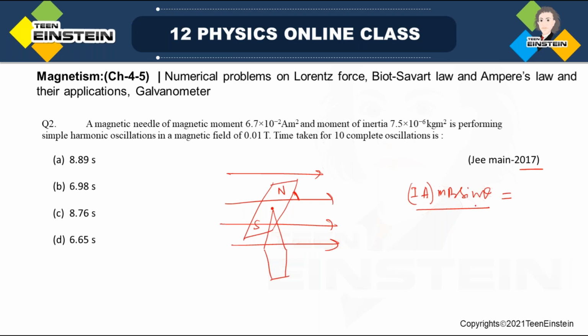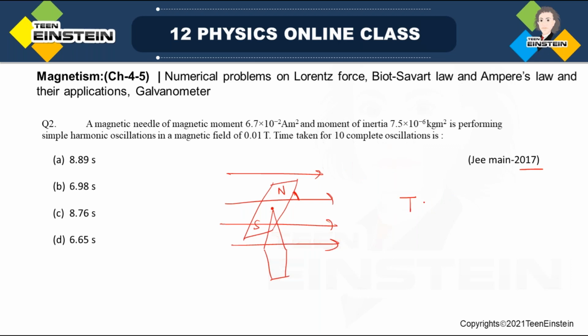This will be balanced by the restoring effect. Anyway, there will be a relationship: for small angles, the torque will be directly proportional to theta. This is how you have to arrive at the time period of oscillation.